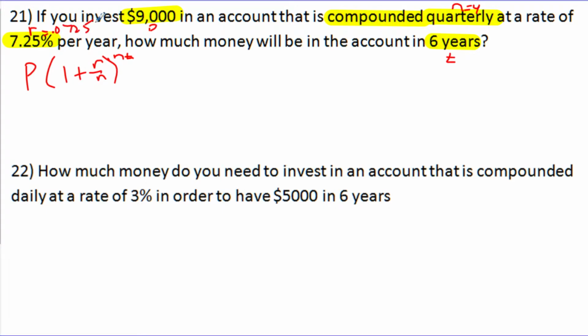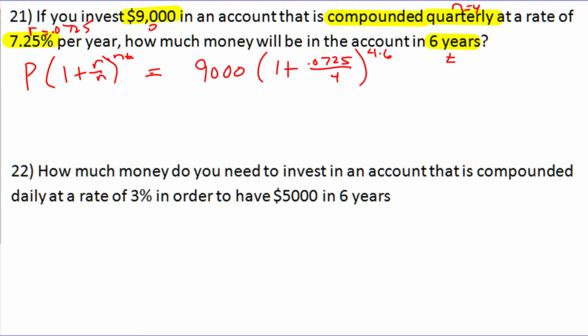So now it's really just a matter of plugging in and simplifying. This is going to be 9,000 times (1 plus 0.0725 over 4) to the 4 times 6. Let's simplify just the inside of this, and we'll also simplify the exponent. It's 0.0725. Let me fix that. I did 0.725. 0.0725 divided by 4, and then I'm going to add 1 to that.